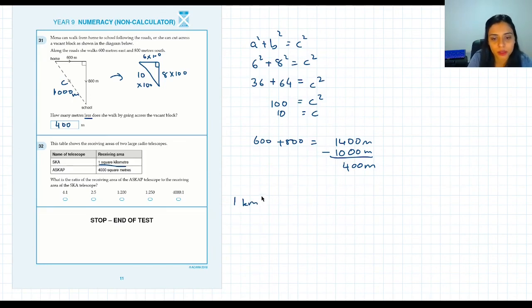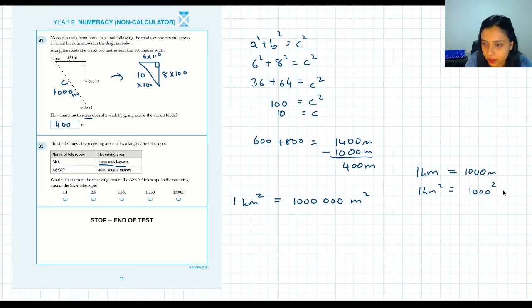So 1 kilometer squared is the same as 1,000 meters squared. And the way to do this conversion is to remember, if 1 kilometer is 1000 meters, 1 kilometer squared will be 1000 squared meters squared. So 1000 squared is 1 million meters squared.